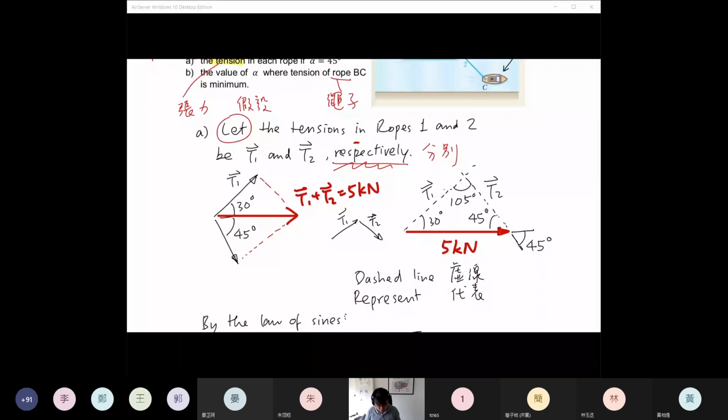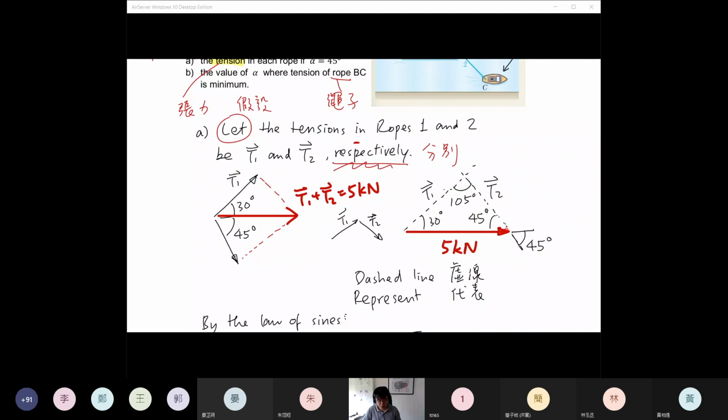As you can imagine, if alpha equals 45 degrees, we have a certain value of T2. If we have a very small angle alpha, we have a large value of T2. And if the angle alpha is nearly 90 degrees, the value of T2 is also quite high.